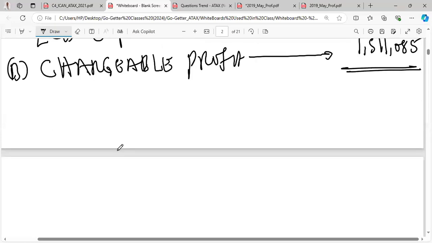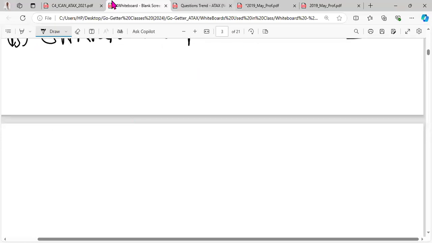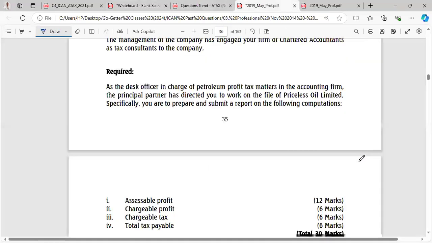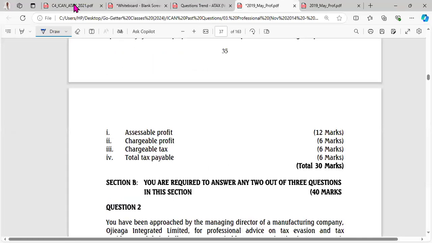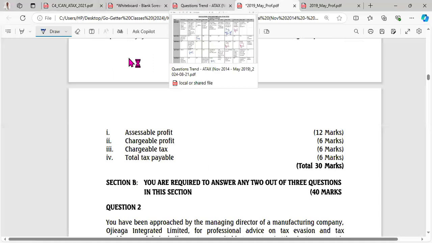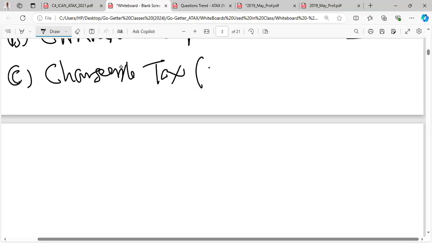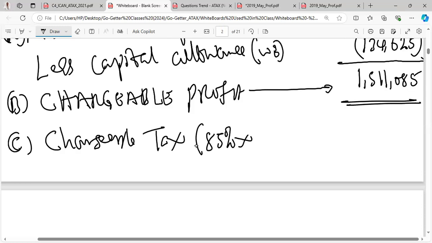Now, the next thing to do, you are asked to look for chargeable tax. So C, chargeable tax is 85% of your chargeable profit, which is 85% of 1,511,085.